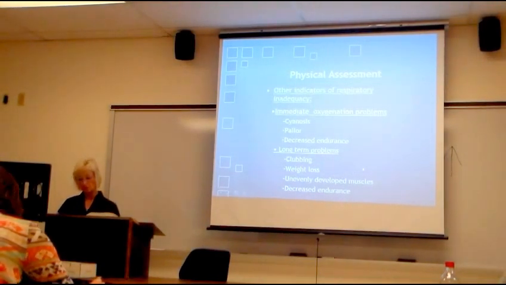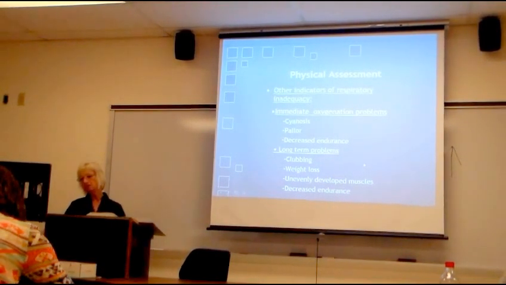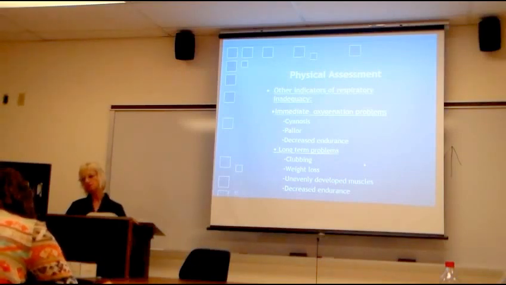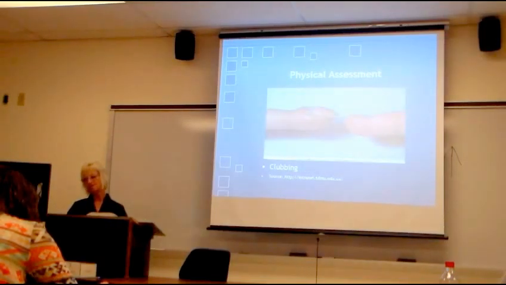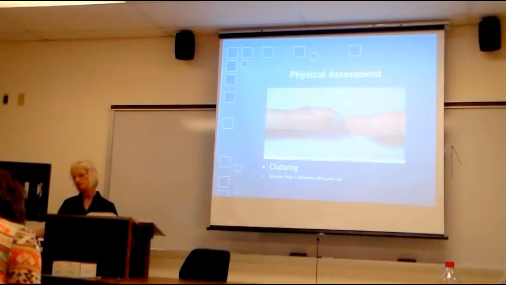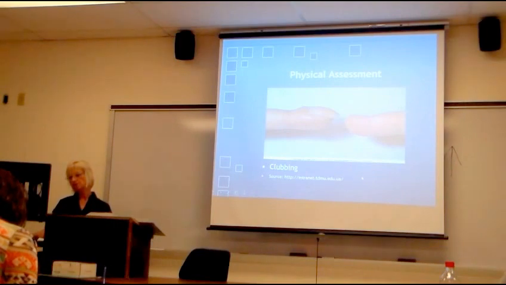Other indicators of respiratory inadequacy and immediate oxygenation problems include cyanosis, pallor, and decreased endurance. Long-term problems include clubbing, weight loss, unevenly developed muscles, and decreased endurance. This is a picture of clubbing, and you can see the difference between the normal and the clubbed nail.